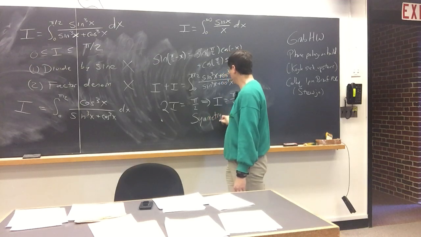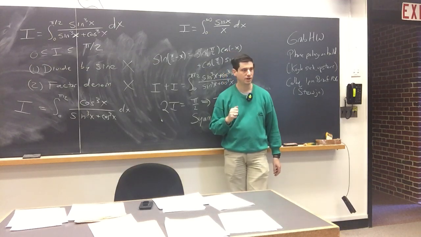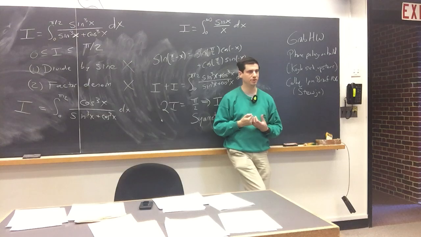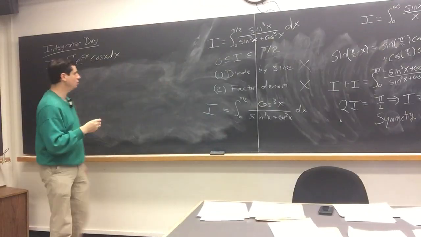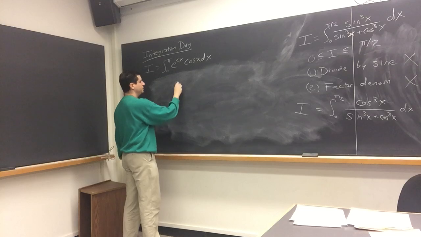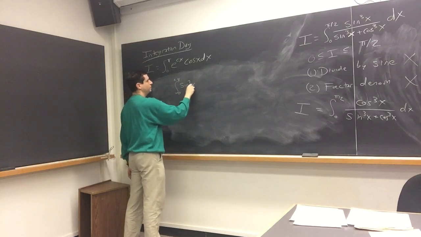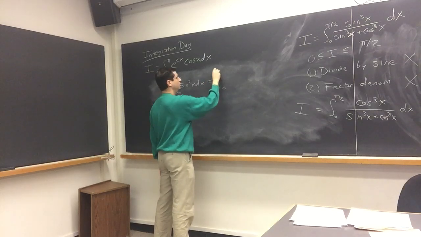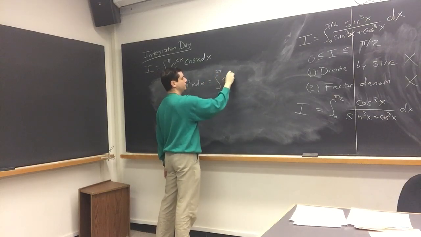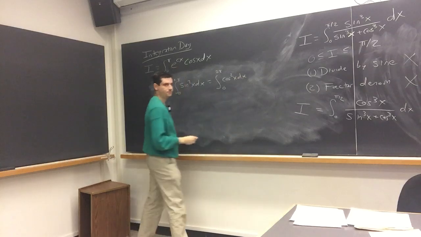This function had a lot of symmetry about it. You may have seen this many years ago when you were looking at the integral from 0 to 2 pi of sine squared of x dx. This is also the same as the integral from 0 to 2 pi of cosine squared of x dx.